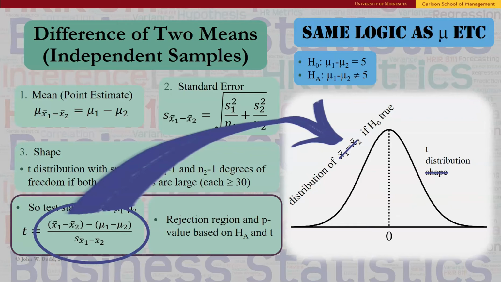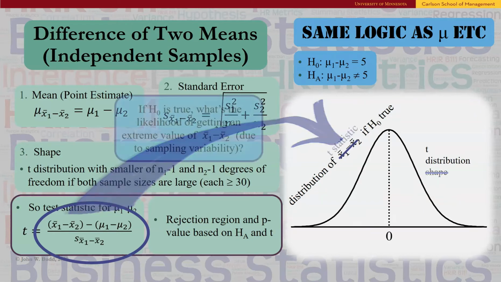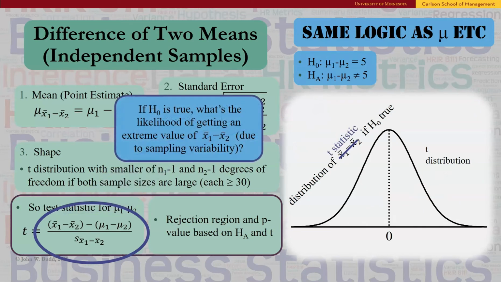And so what we're really interested in is finding probabilities about this standardized test statistic, which is now centered at 0 and is characterized by a t-distribution with the appropriate degrees of freedom. So now we ask ourselves the question, if the null hypothesis is true, so if the true population difference in means is 5, what's the likelihood of getting an extreme value of a difference in two sample means, again, completely due to sampling variability when the true mean difference is 5?